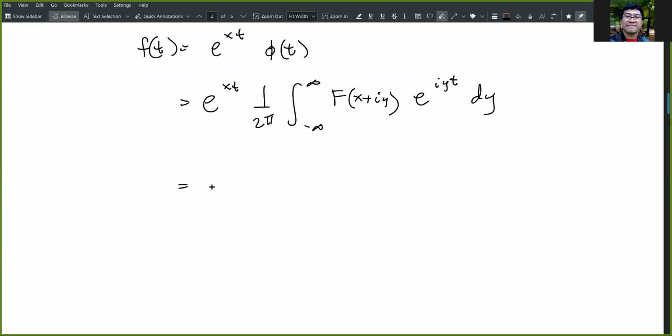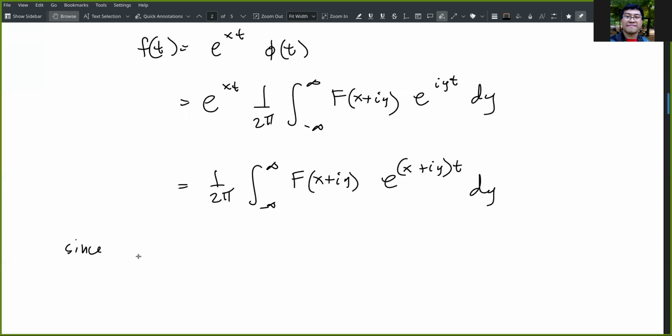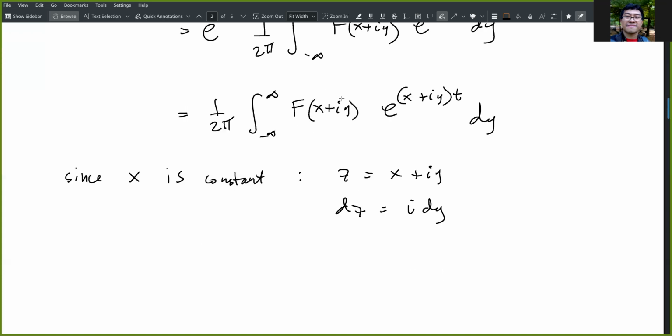So this is equal to 1 over 2 pi. We put this inside the integral from minus infinity to infinity of F(x plus iy) e to the (x plus iy) times t dy. So in our case, we have set x a constant. So if z is equal to x plus iy, dz is just i dy. So if you set dy to dz over i, then you have f(t) equals 1 over 2 pi i integral from negative infinity in the complex plane.